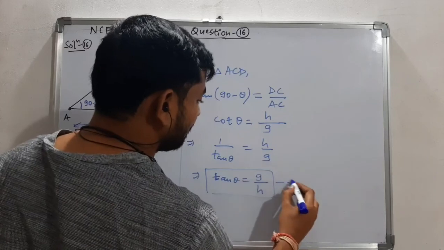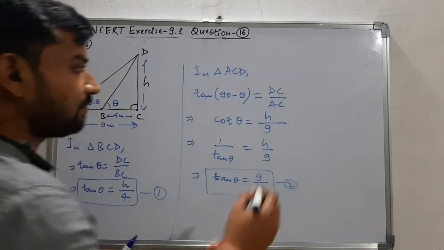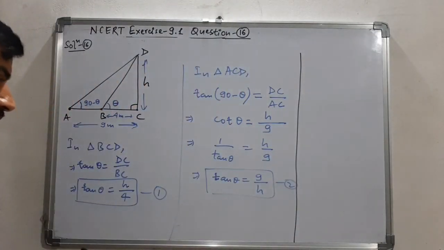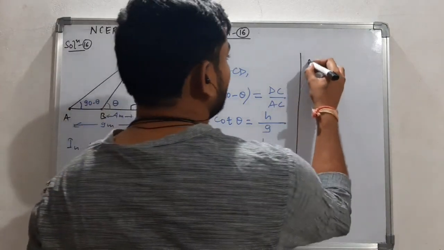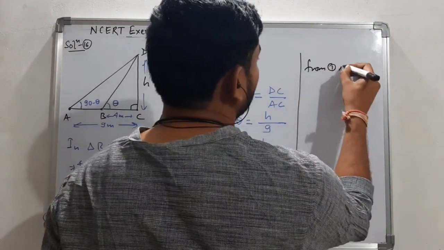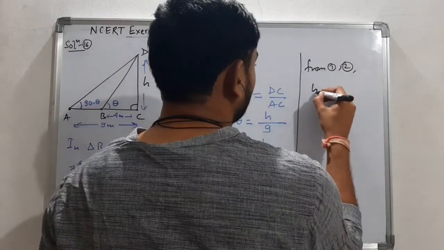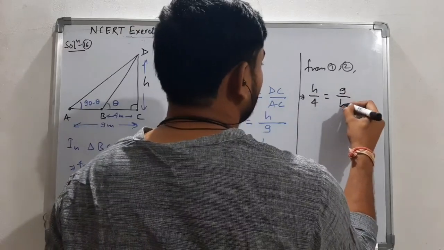This is our second equation. Now the LHS of first and second is the same, so we can make the RHS also the same. So from first and second we can write h by 4 is equal to 9 by h.